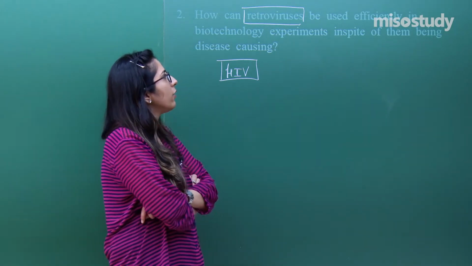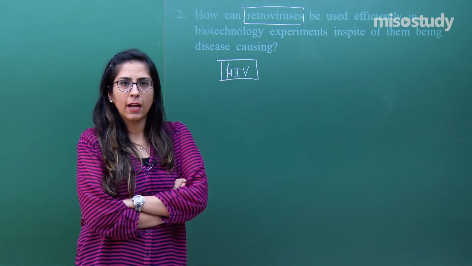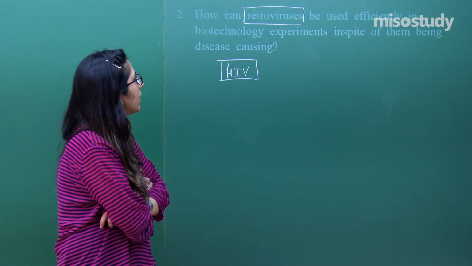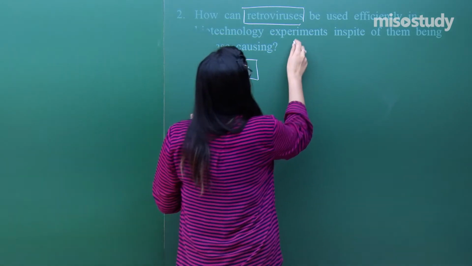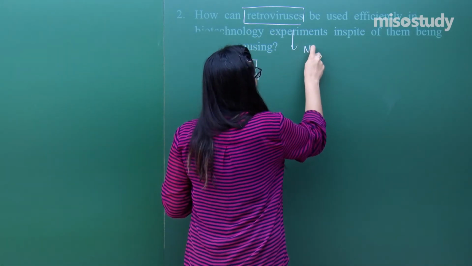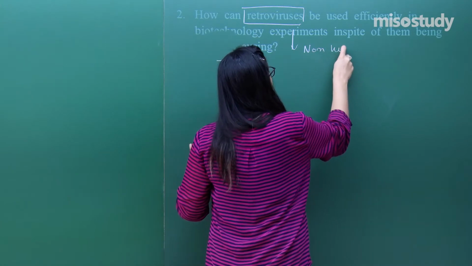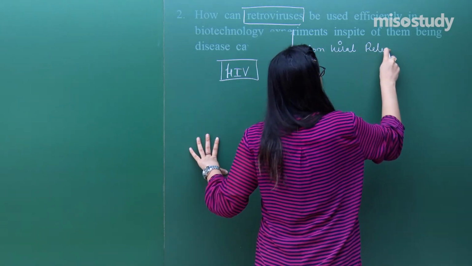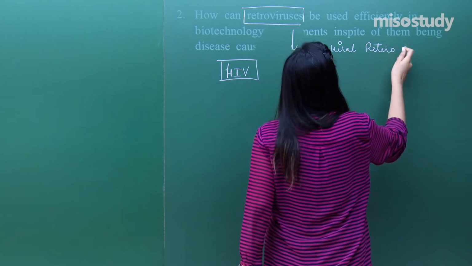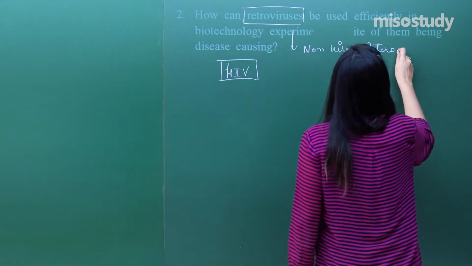In the case of the retrovirus used in biotechnology, HIV is also a retrovirus, but the one used is a non-viral, disarmed retrovirus.